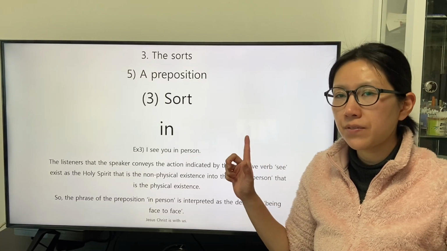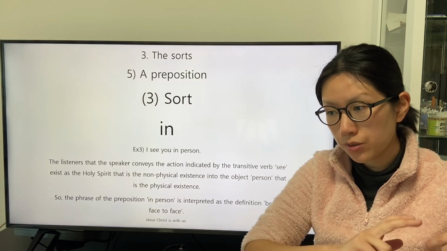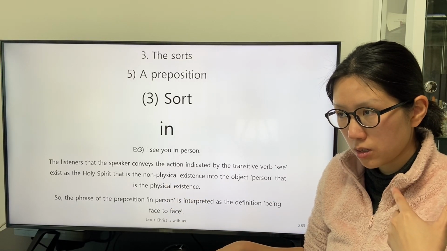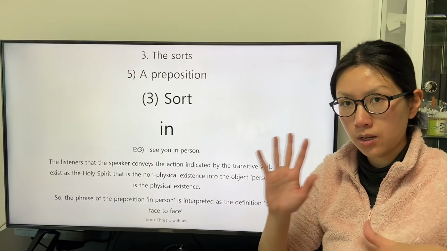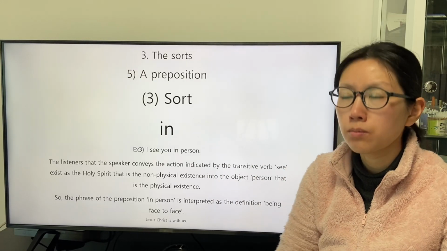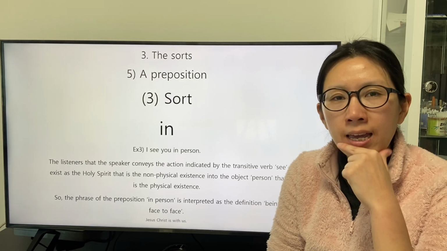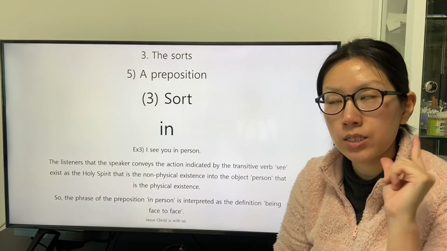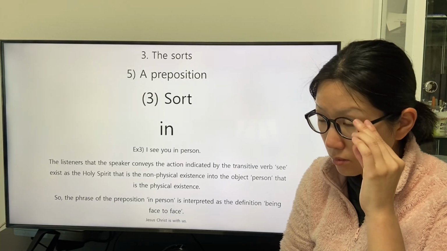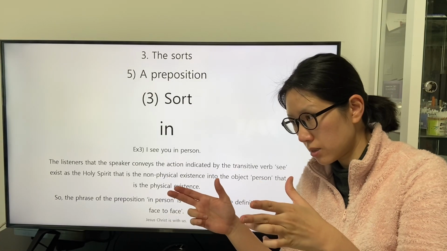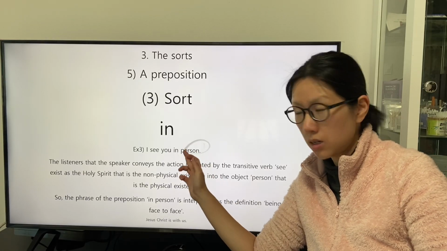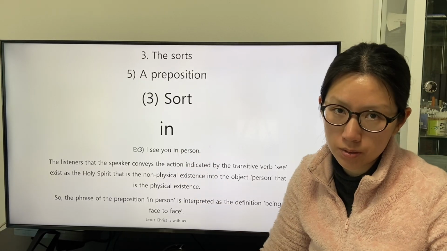When we think of this transition that can be stated in this interrogative clause, how can the plural listeners be included in the object indicated by the general noun person?